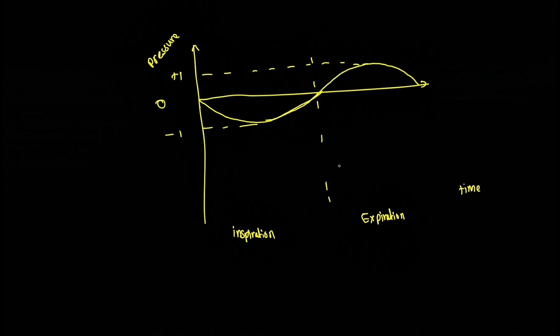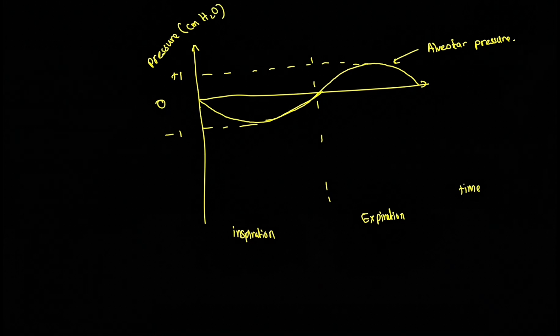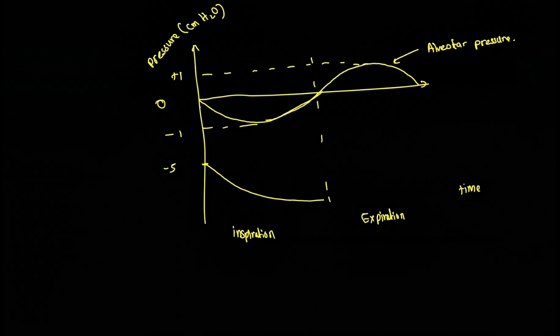And then we will have, this is the alveolar pressure. I'm just going to make sure it's in centimeter H2O. My bad, I didn't tell that. And then when it comes to the intrapleural pressure, it's more on the -5.